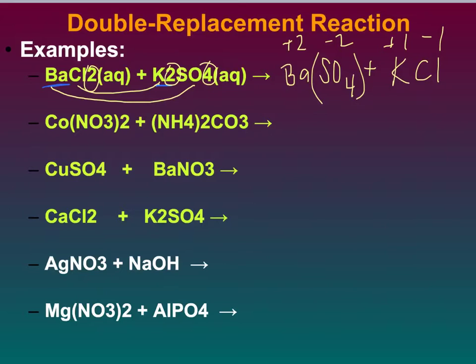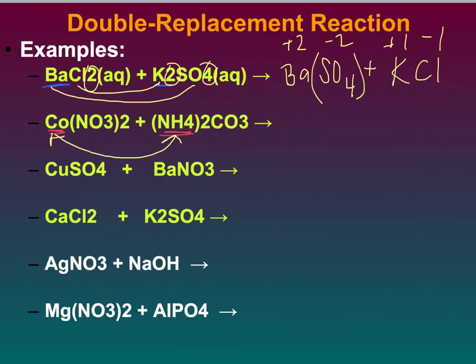What I want to look at now is number 2. We have Co(NO3)2 plus (NH4)2CO3. I'm going to go ahead and underline cobalt. Your metal, or your positive ion, always comes first. So we have cobalt and we have NH4, that's ammonium. Our metals are going to switch places.